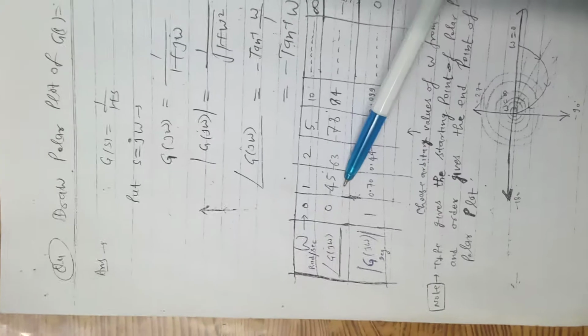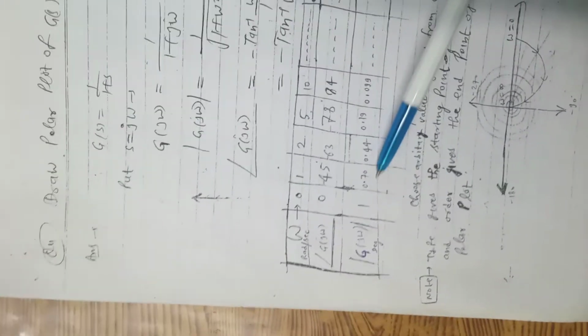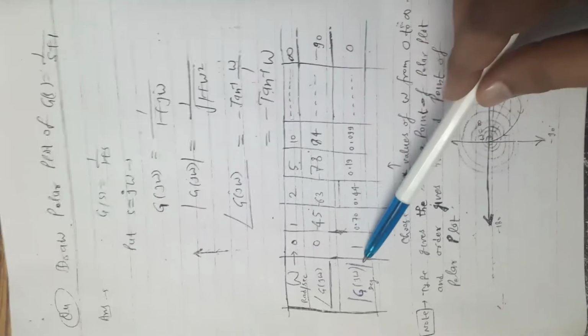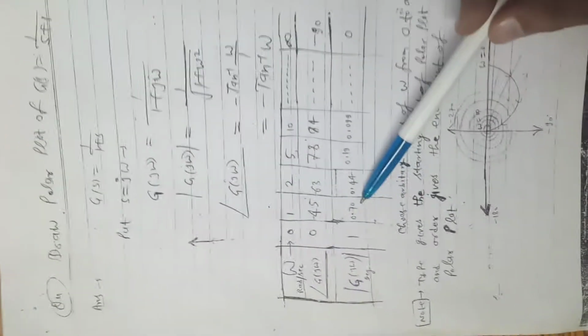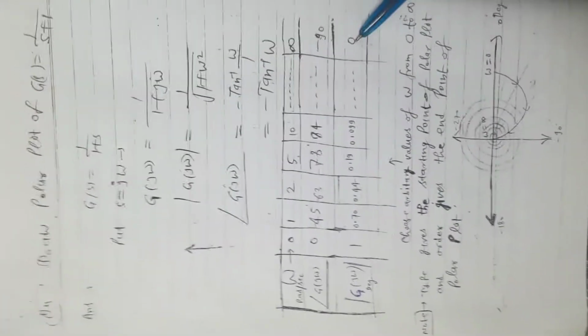Now at ω = 1, your angle is minus 45 and the magnitude is reducing from 1 to 0.7. So somewhere around here you will get the next point, at ω = 1. The magnitude is reducing from 1 to 0.7, then 0.4, then 0.19, then 0.09, and finally at ω = infinity the magnitude becomes 0.